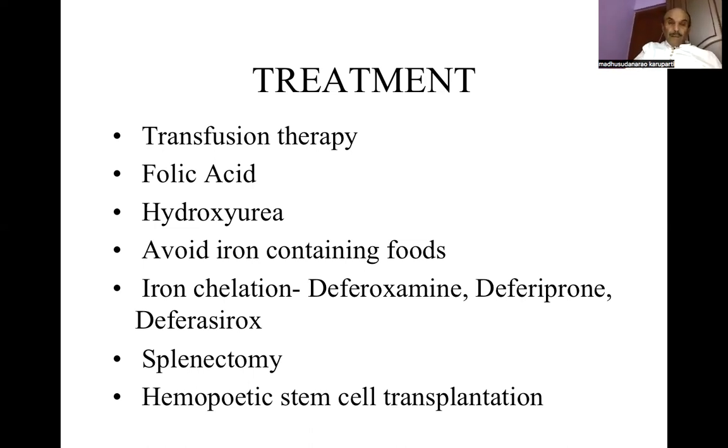Well, the current line of management of beta thalassemia major is hemopoietic stem cell transplantation. You should get the HLA matching sibling. There should not be any splenomegaly or hepatomegaly, and serum iron levels should be normal.